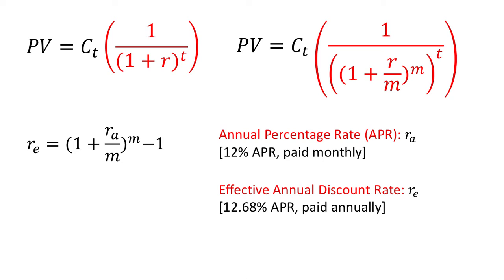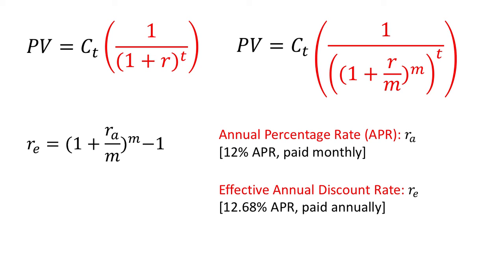Now, I want you to know these two things are equivalent. 12% APR paid monthly is equivalent to 12.68% APR paid annually. So when you're getting a loan from a bank, or when someone's promising to pay you a fixed amount of interest, you need to know how often it's compounding.